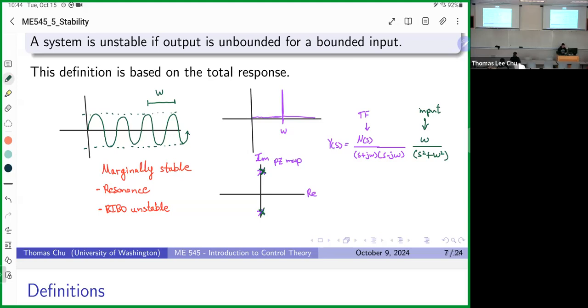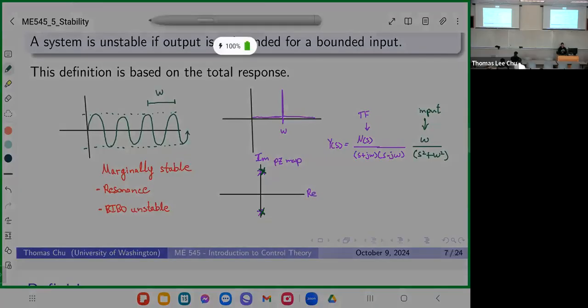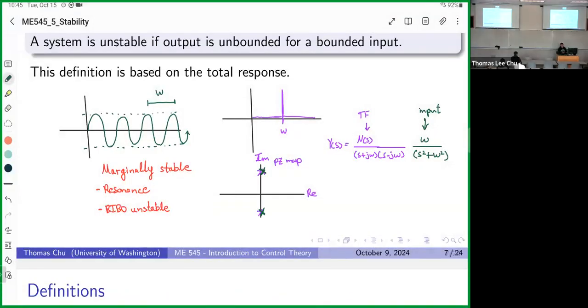So what's happening is that the second pair of poles from the input is exciting the system. It's going to cause the system to grow unbounded. When we look at the response, it's going to grow unbounded, and this is what causes resonance. So if you have a pair of conjugate poles, and then you have a second pair of conjugate poles at the same location on the imaginary axis, then that system is going to grow unbounded.